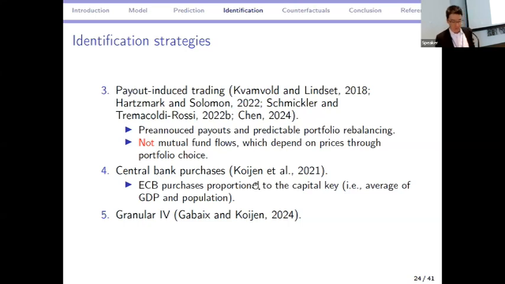Okay, so you get variation in demand of the ECB, where you get a lower residual supply in countries where, right, you have a populous country with a smaller debt market. And of course, there's the granular IV as a way to estimate macro elasticities.